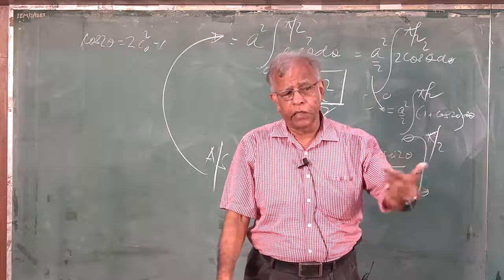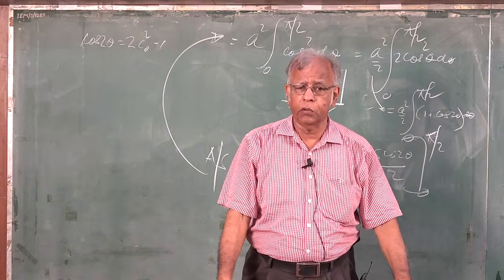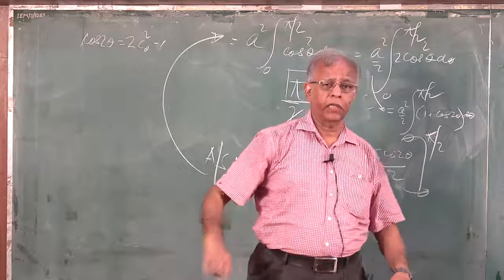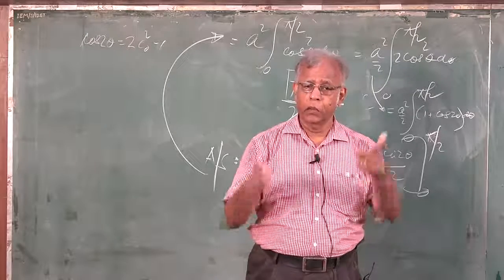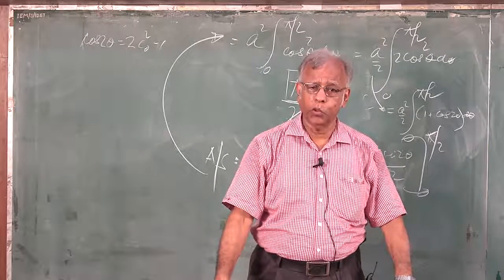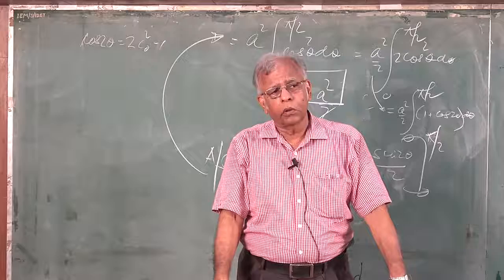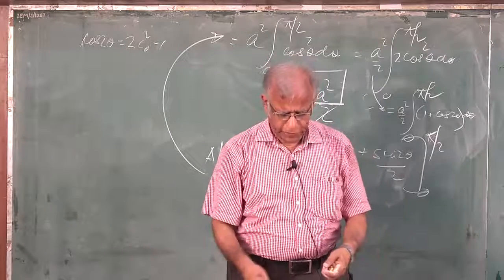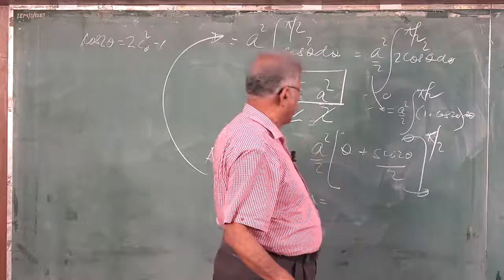So if the radius of any circular figure is known to be a units, then the area of that entire circle is pi times a squared, with the value of pi taken as 22/7, or to a first approximation 3.14. That is what I want to conclude this part of the lecture with.